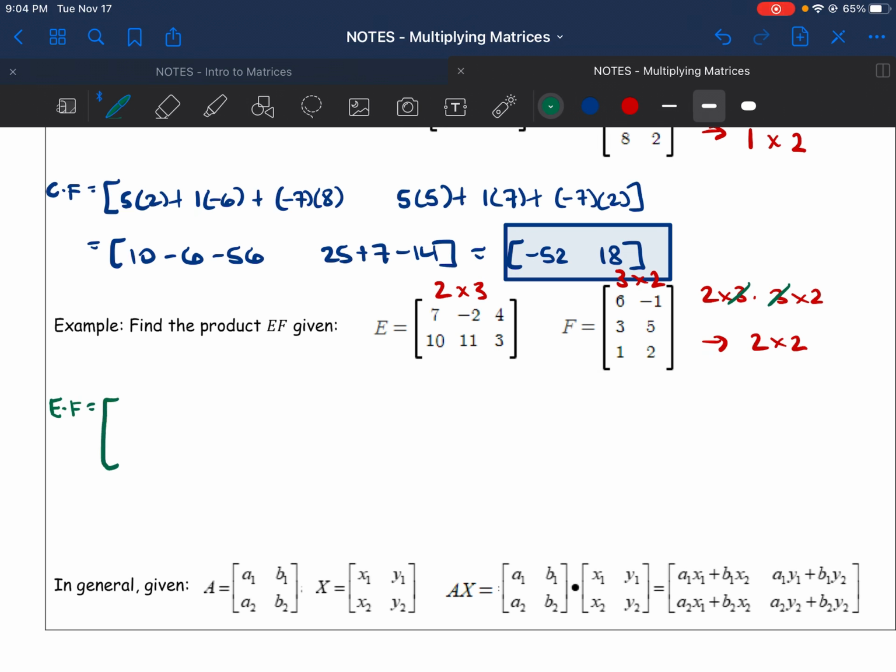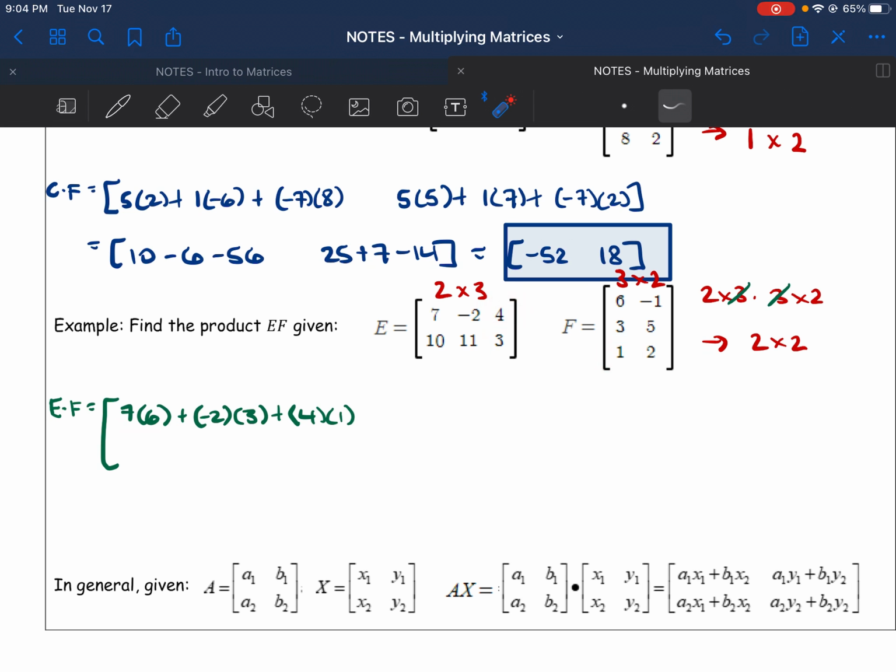So EF, we're going to have, again, we're going to take everything from row 1 with everything from column 1. So we're going to have 7 times 6 plus -2 times 3 plus 4 times 1. So again, 7 with 6 plus -2 with 3 plus 4 times 1.